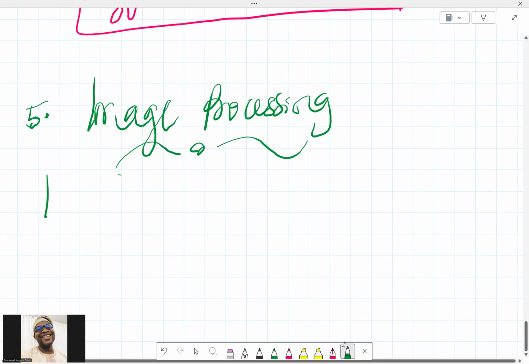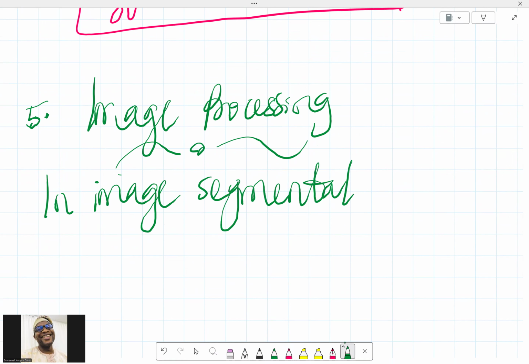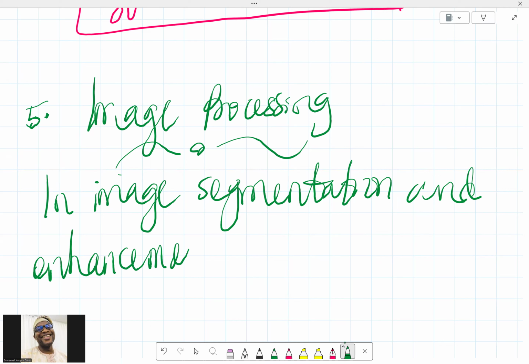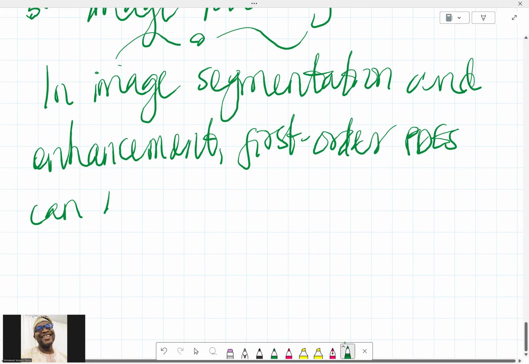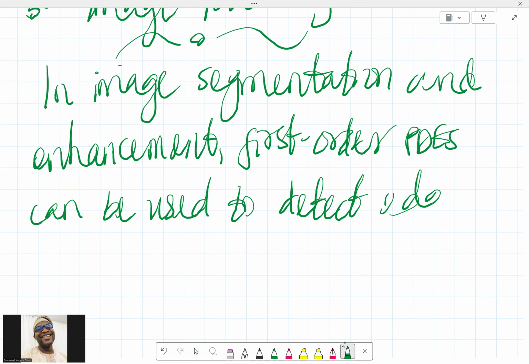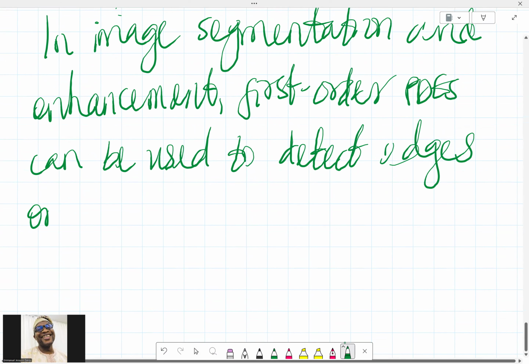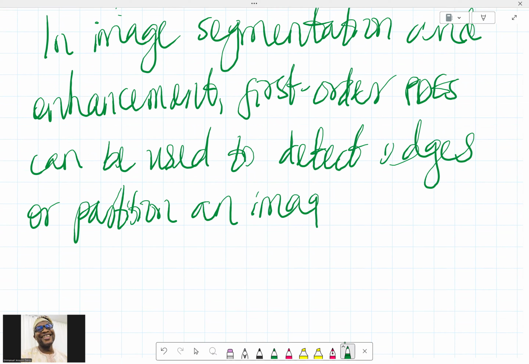So for image processing, in image segmentation and enhancement, first order PDEs can be used to detect edges or partition an image into different regions.